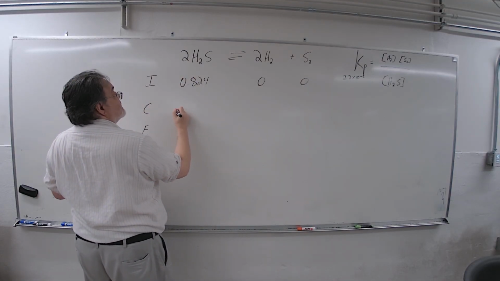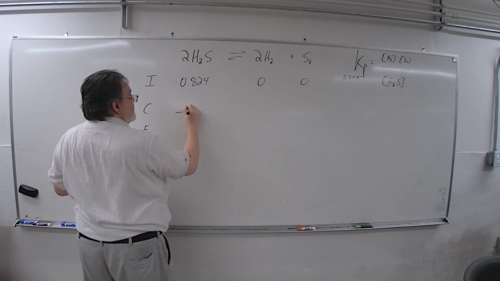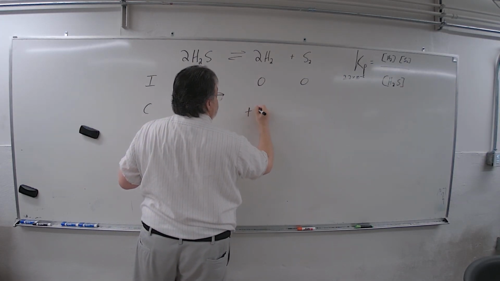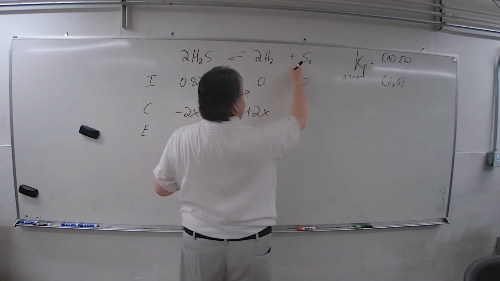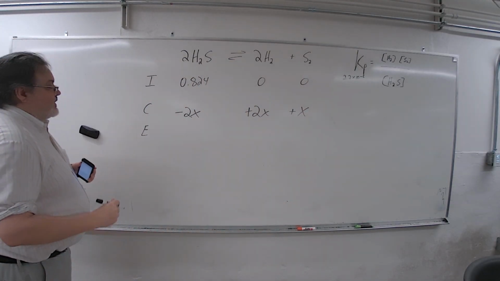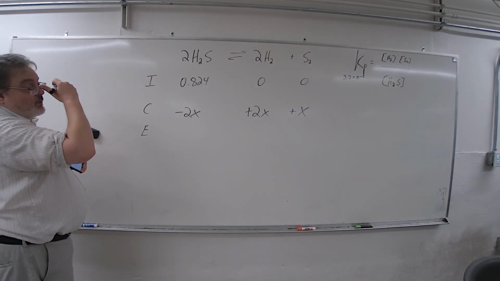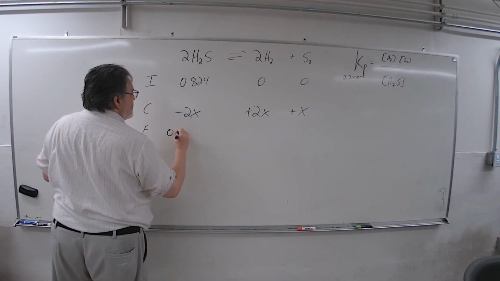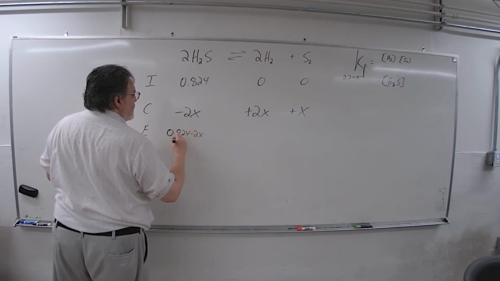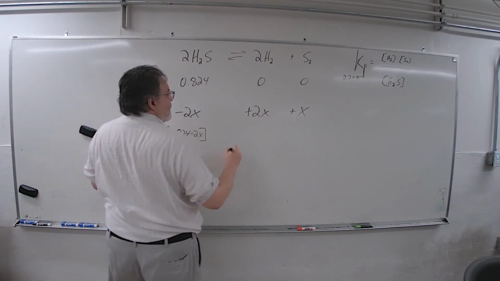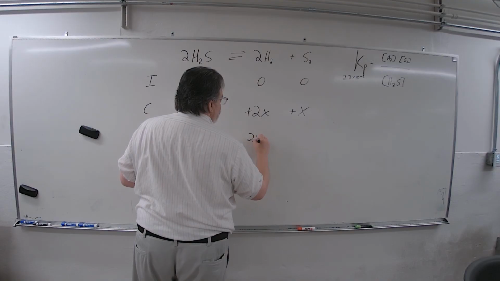So the change is, there's a 2 here, so I'm going to go minus 2x, 2 here, so these are the plus, so plus 2x, and this one is just plus x. So there's a change. And at equilibrium, this one is 2x.